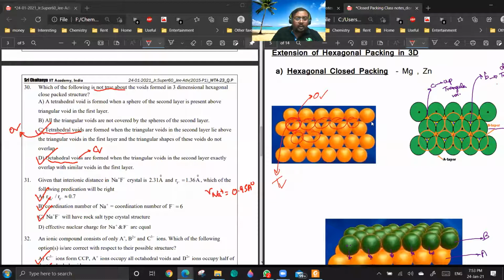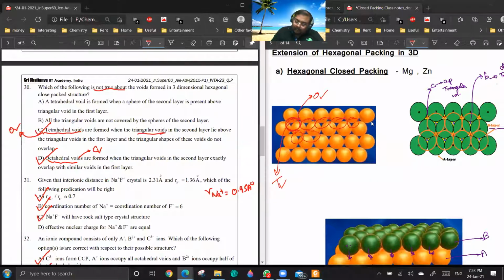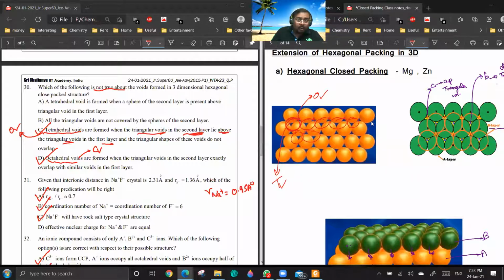When you're talking about C, tetrahedral voids are found when triangular voids in the second layer lie above the triangular voids of the first layer and the triangular shapes are not overlapping. See, if this void is getting covered with another void, you see here this void is getting overlapped by the triangular void from the red layer, yes or no?